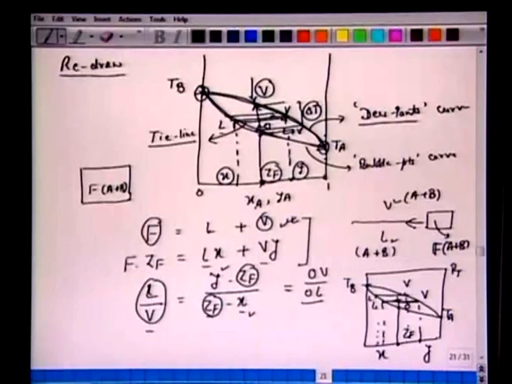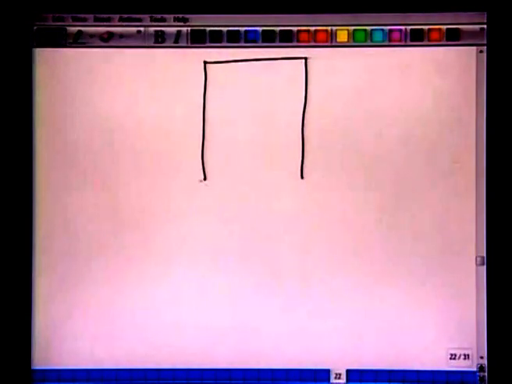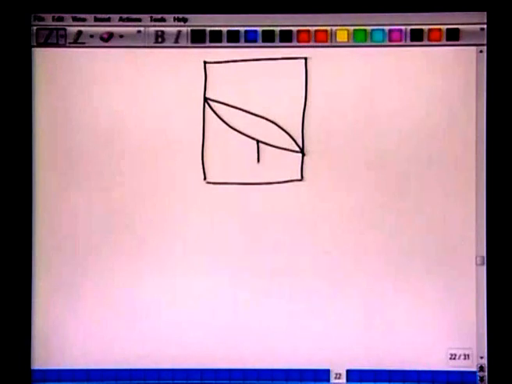So the tie lines, you can look at this L by V, right? Now you have these small segments becoming larger here, all right. So let's redraw this and follow how the segments of the tie lines change. Suppose you are starting with the ZF.